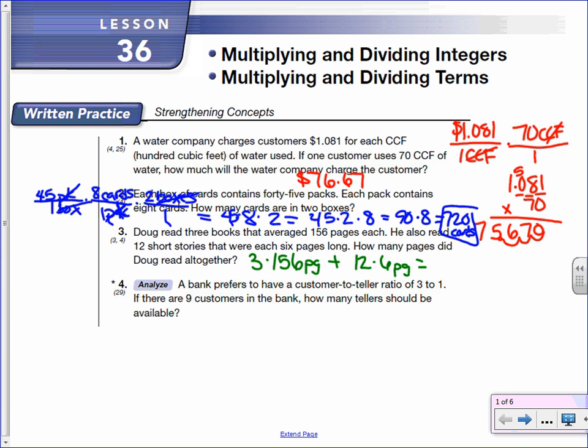So we need to know what 3 times 156 is. 6 times 3 is 18. 3 times 5 is 15, plus 1 is 16. 3 times 1 is 3, plus 1 is 4. So 468.